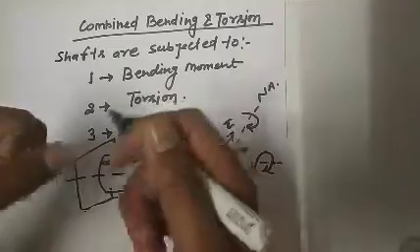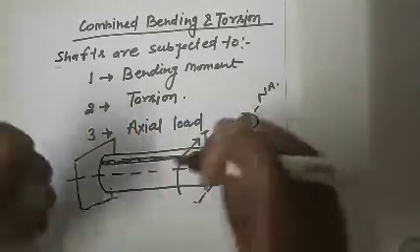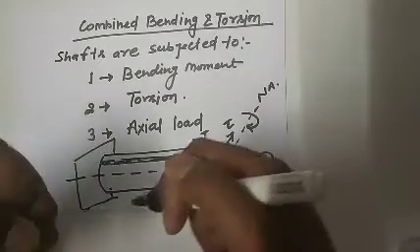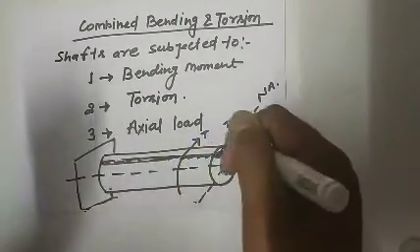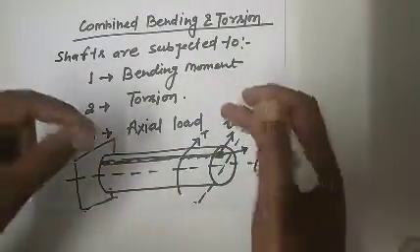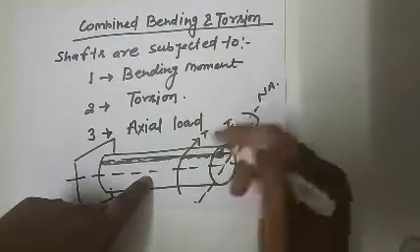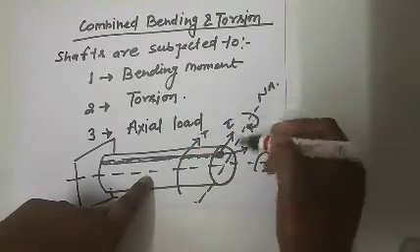Because bending stress always tries to elongate or shorten the shaft, and shear stress generated here will try to twist the shaft about its axis of rotation.